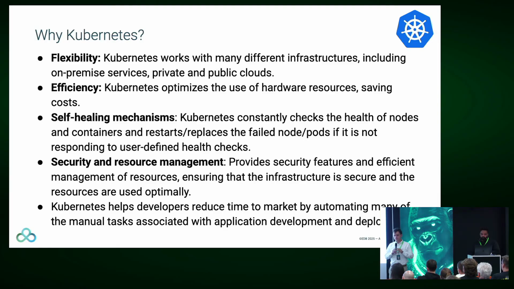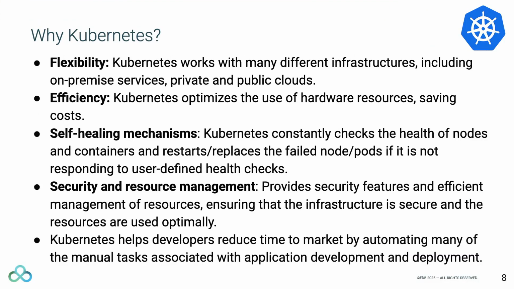So why would you use Kubernetes? You can run Postgres directly in Docker. You can just run it as a container with no orchestration. That's fine for experimental things or small one-off applications. But eventually you will need some of the robustness that Kubernetes provides.